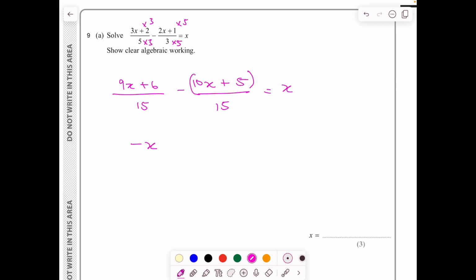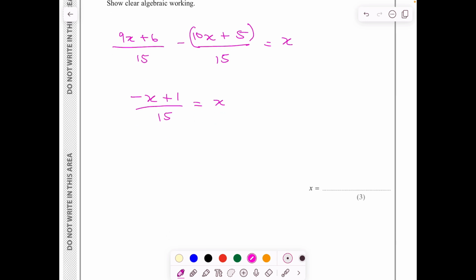And then 6 take away 5 is positive 1 over 15 equals x. And then to get rid of the denominator, I'm going to multiply by 15 on both sides. So that gets rid of the divide by 15. And then what that leaves me here is minus x plus 1 equals 15x.